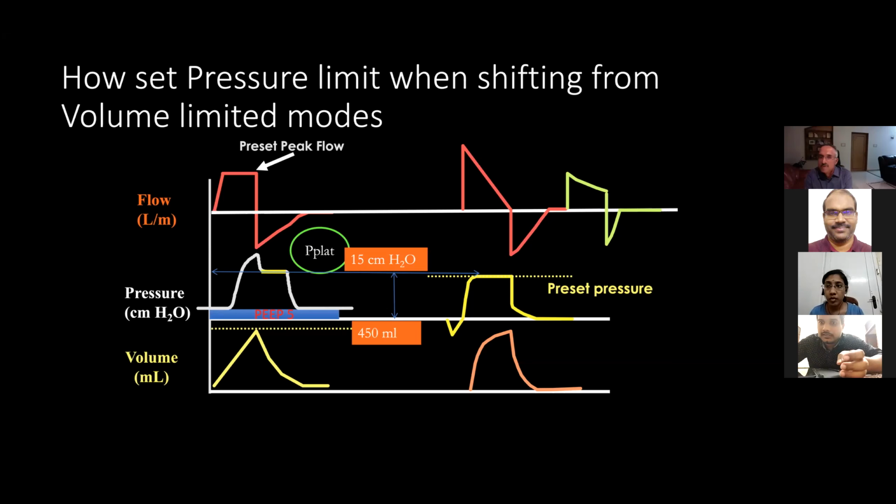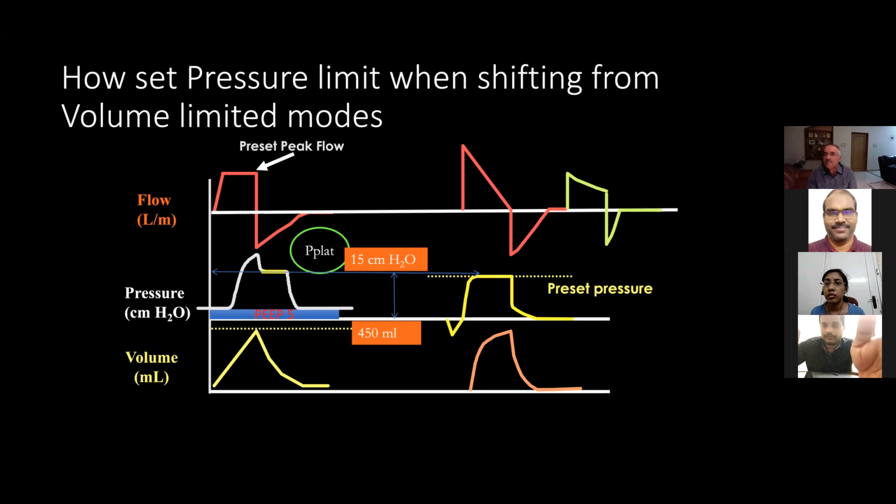You leave out PEEP, which is 5. Above that, you keep 15 centimeters. So that is how you set it. You already have that information in volume ventilation, and you set the same pressure. Don't try to alter it, because we already know it is getting 15 centimeters of pressure for generating 450 ml. So your pressure control or pressure support should be 15 centimeters.